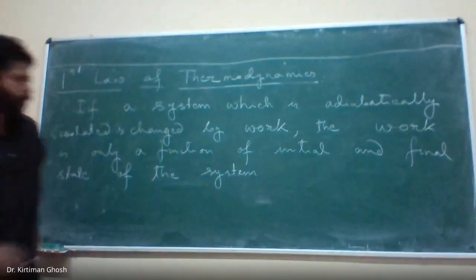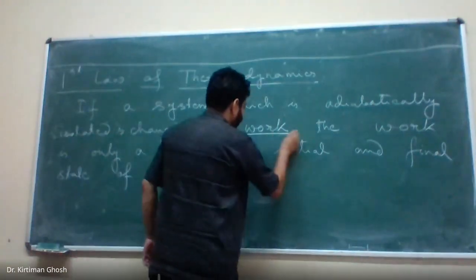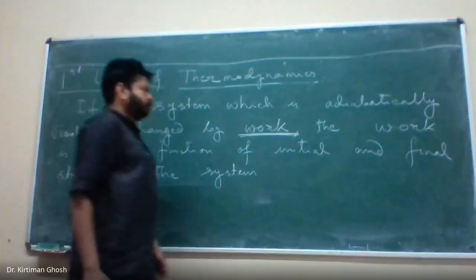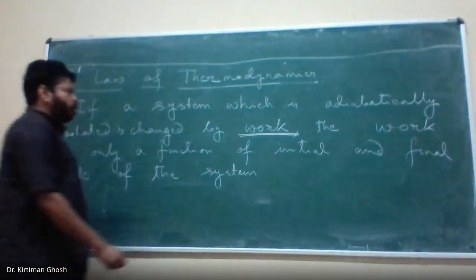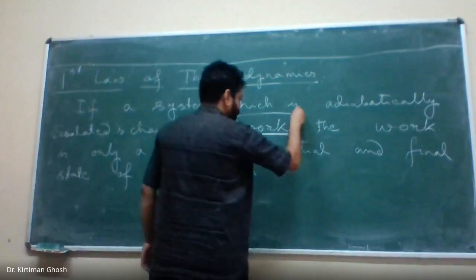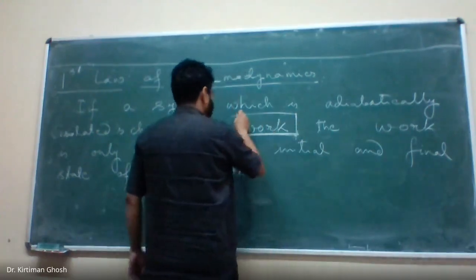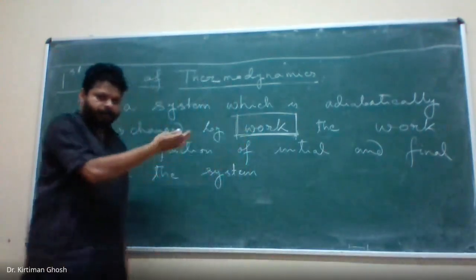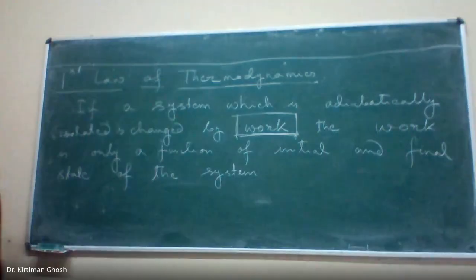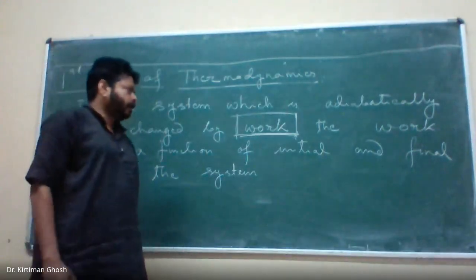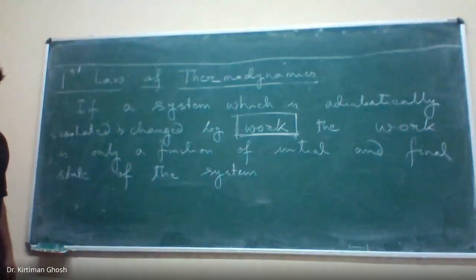So we need to understand how we can do work on a thermodynamic system, how we can calculate the amount of work. That will be the topic of the coming discussions. This is the important thing, actual calculation, so we need to go slowly.